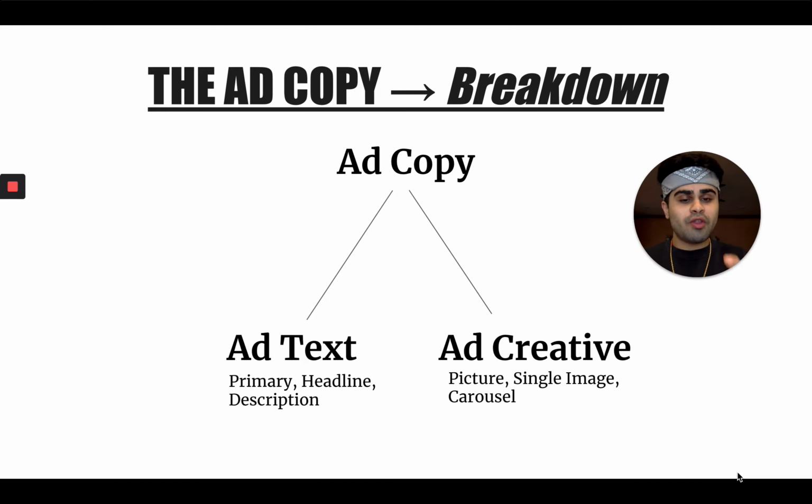Those are the three main types of creatives used for e-commerce specifically: picture, single image, and carousel, which we're going to be jumping into a little bit later on as well. So that's what really makes up the ad copy, for those of you that are completely new to this and a little bit confused about ad copy, ad text, and ad creative.